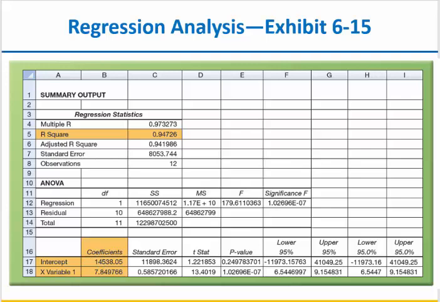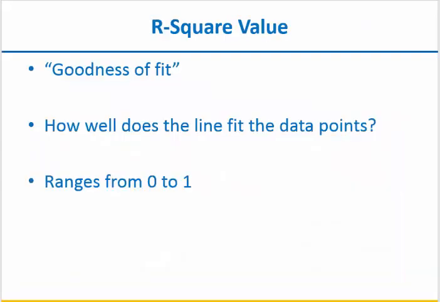So first, let me talk about the R square value. I just mentioned that it's extremely important, and here is why. The R square value tells you the goodness of fit: how well the linear regression line fits the data points. It ranges from 0 to 1.